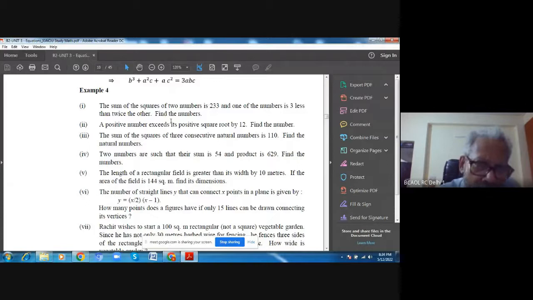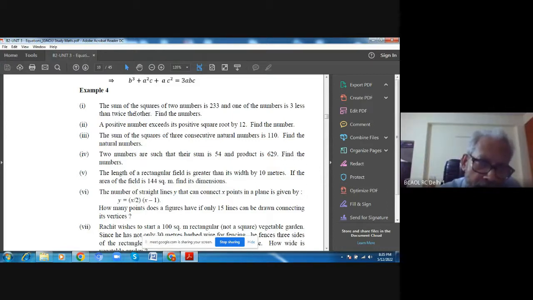This way you have to make an equation if a condition is given. Sometimes it comes in the exam also. It does not give you the equation straight away, or give the roots so you form the equation. There is another type.